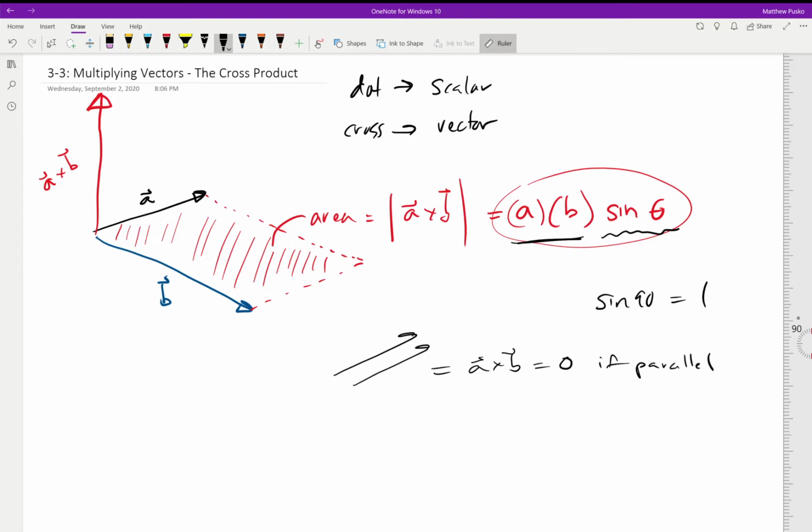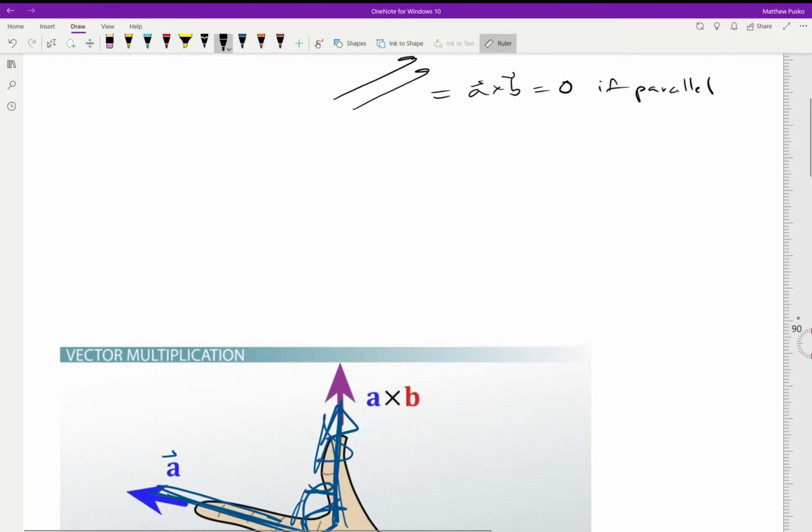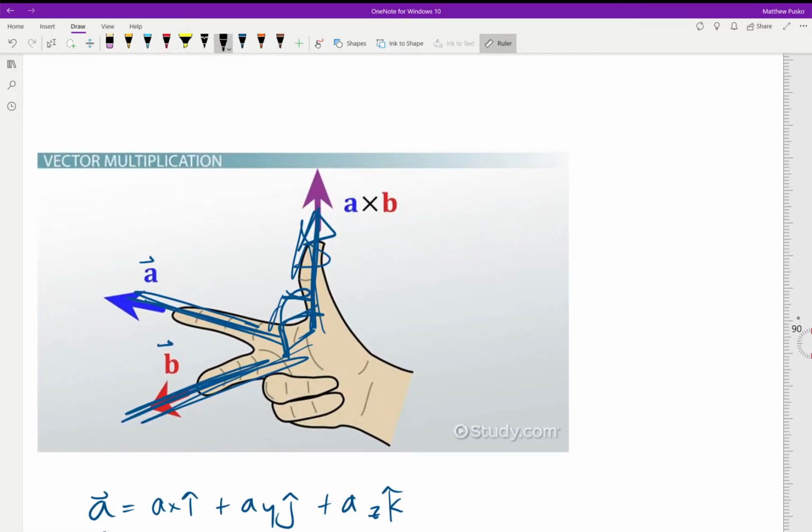Okay, so that's what the cross product is. I thought that was important before we just keep putting down formulas. One way that you should consider being able to visualize it is if you take your pointer finger and put it in the direction of A, and take your middle finger and put it in the direction of B, and then extend your thumb up all the way as high as you can.